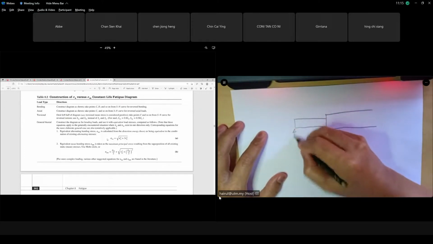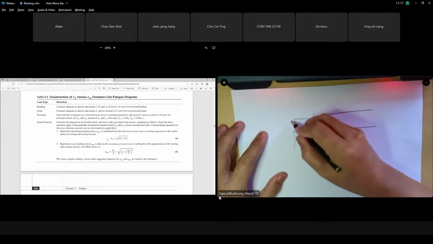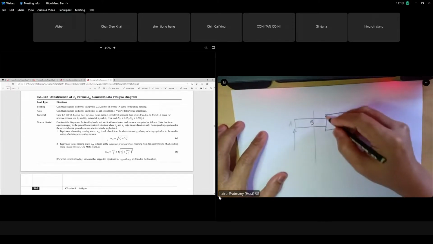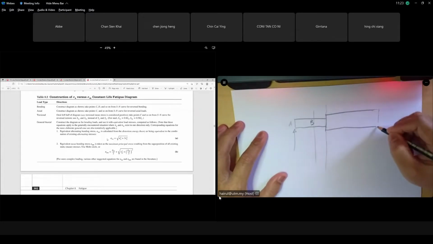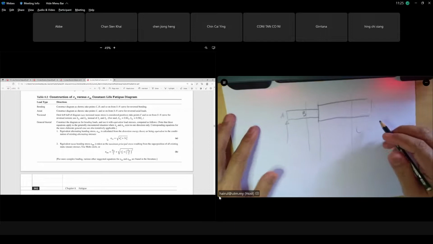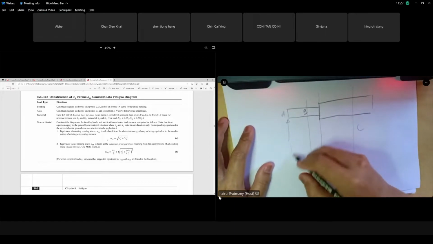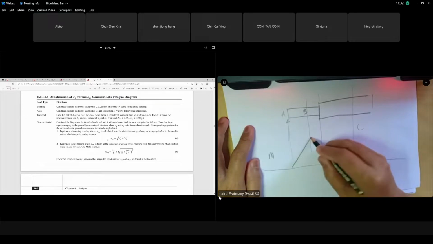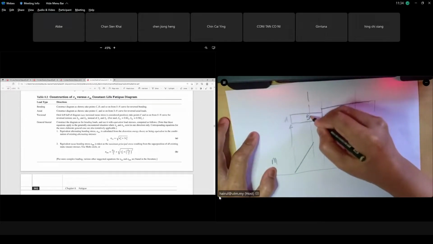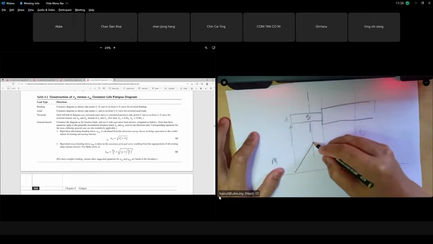You have a bearing at A, then maybe a pulley at B, and another point here, point C. When you plot your moment diagram, you have the maximum at B, which is why you mount your pulley. The center line is your pulley. You have a moment diagram like that.